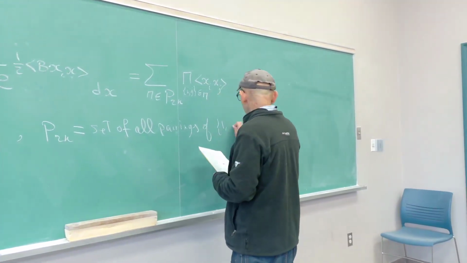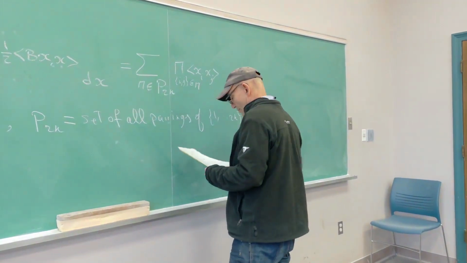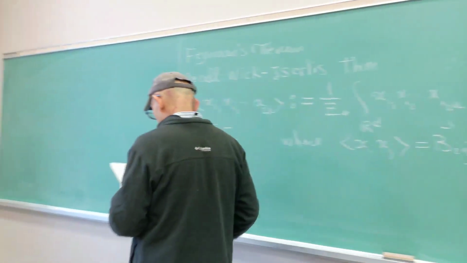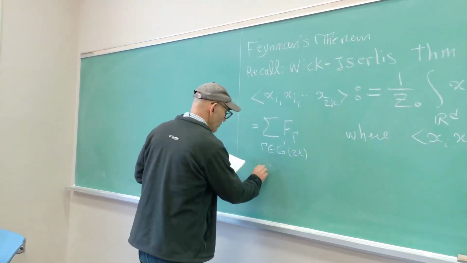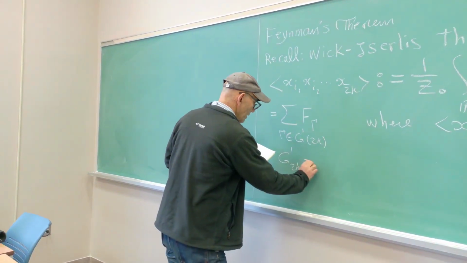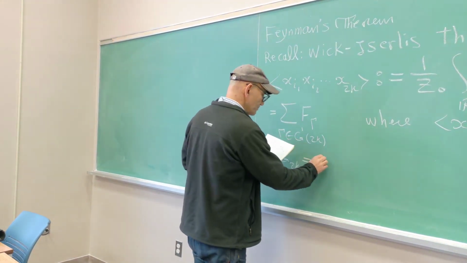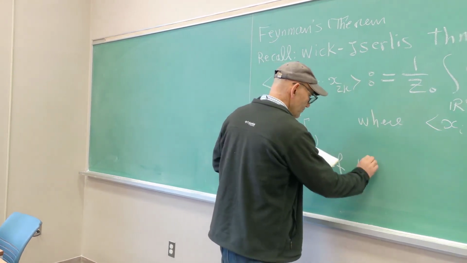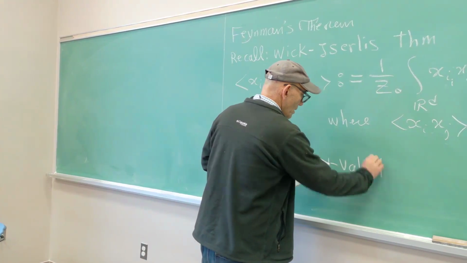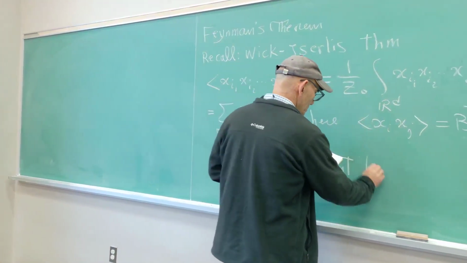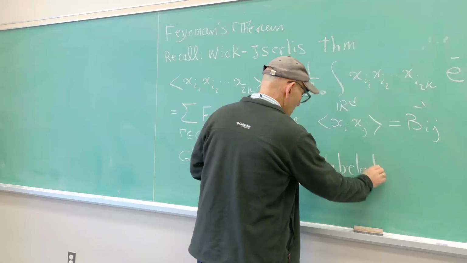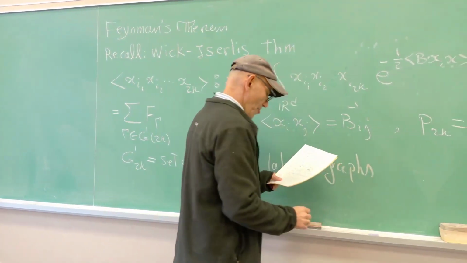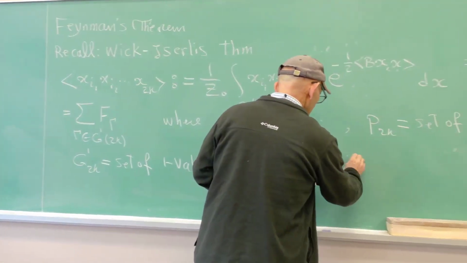of 1 to 2k. So in this formulation, G1 to 2k, it's a temporary notation, is the set of one-valent labeled graphs with k vertices.